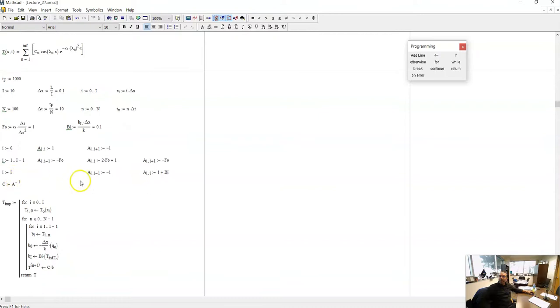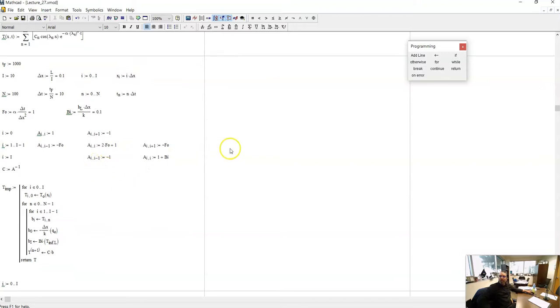On the right-hand side, we have a boundary condition implemented in terms of convection. The node on the right-hand side, at i equal to capital I, has coefficient 1 plus the Biot number multiplying the temperature at that node, and the coefficient that multiplies the temperature at the node right to the left is minus 1. These are the same expressions that we formulated before.